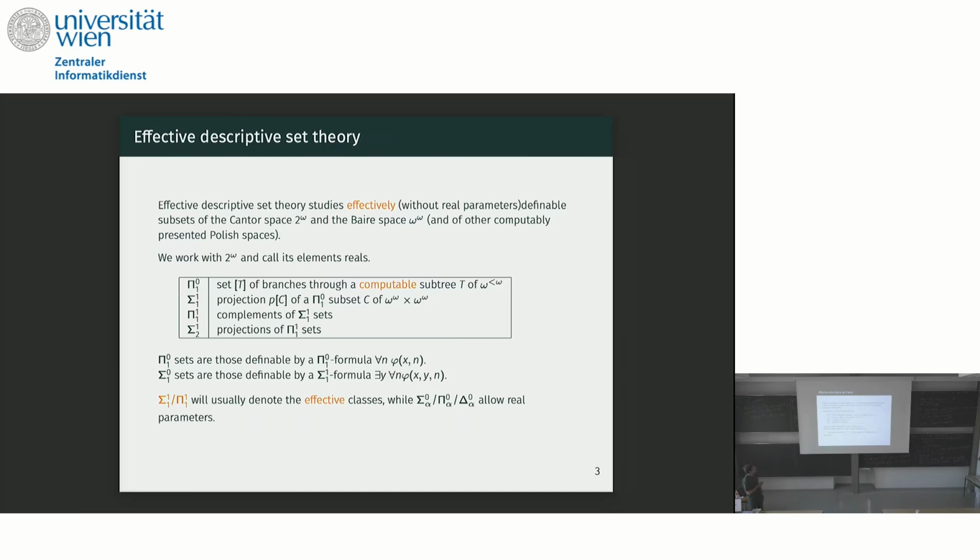So the sigma 1 and pi 1 are lightface classes. So we take, for pi 1 1, well, the effective class is the set of branches through a computable tree, and then the projections of those are sigma 1 1, equivalently given by a sigma 1 1 formula. Sorry, this should be a 1 here. All right, but I'm sure you know this. As I said, these will be the effective classes.